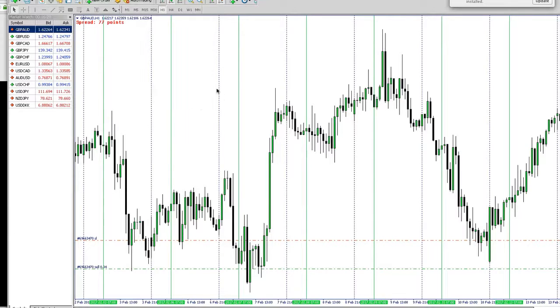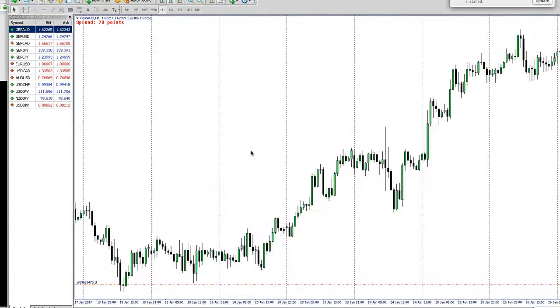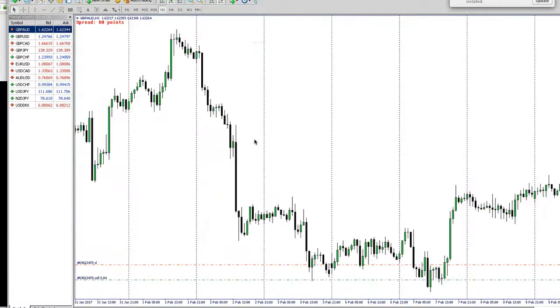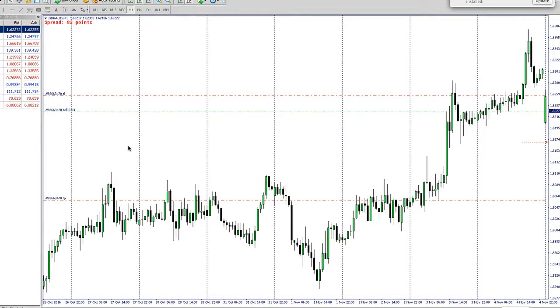Then try and clean it up, because when you save it and open it up again, all the lines that you've drawn come on again. So okay, let's draw it real quick.